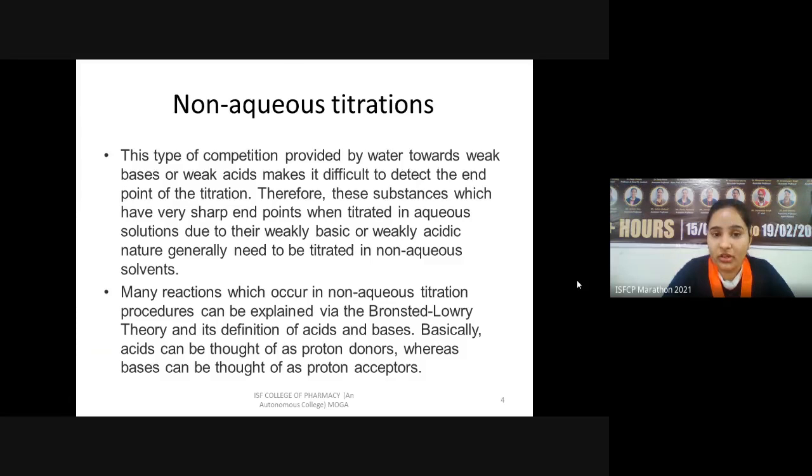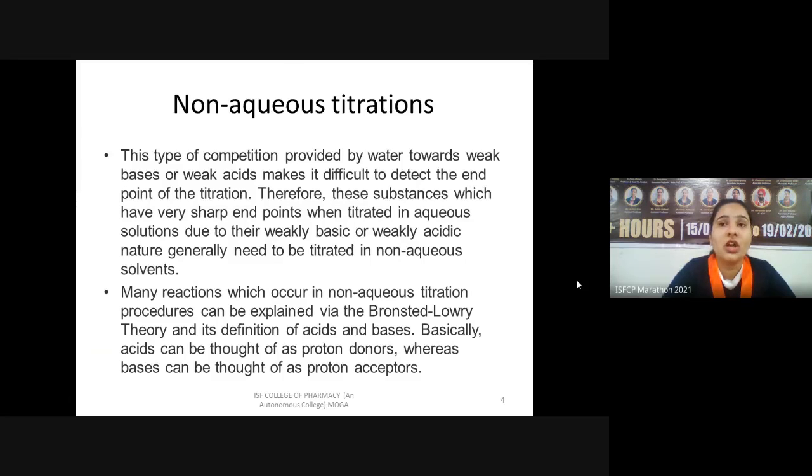Most of the drugs which we consume act as a weak acid or a weak base, and this type of competition, as we studied in the case of the amine group, happens for other drugs which contain a lone pair of electrons, resulting in undesirable reactions. Therefore, these substances, which have very sharp endpoints when titrated in aqueous solutions due to their weakly basic or weakly acidic nature, generally need to be titrated in non-aqueous solvents.